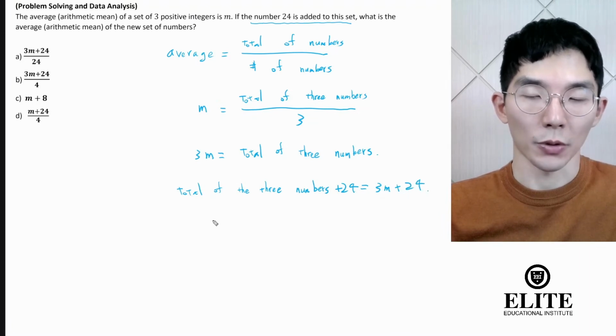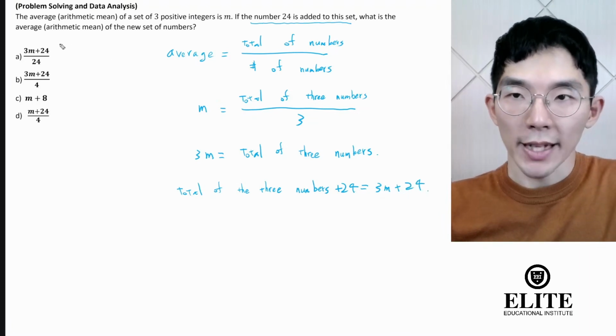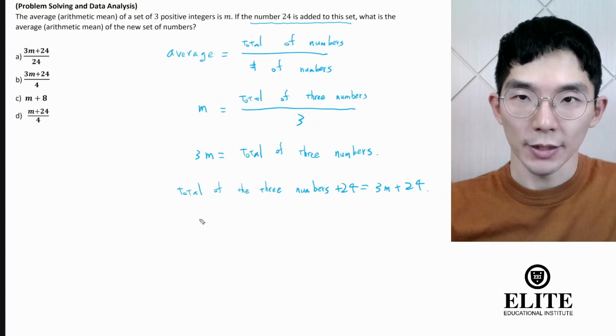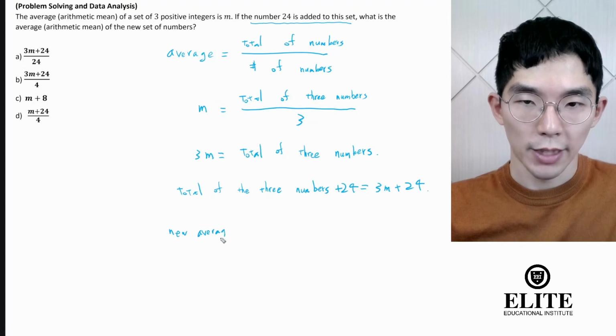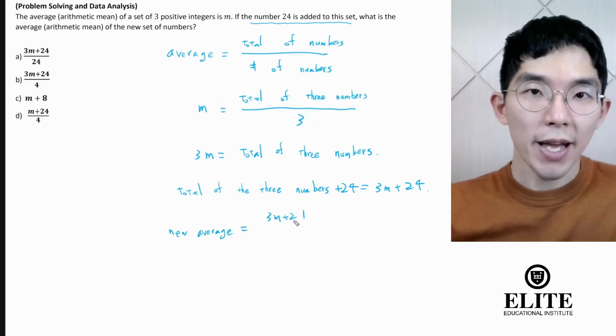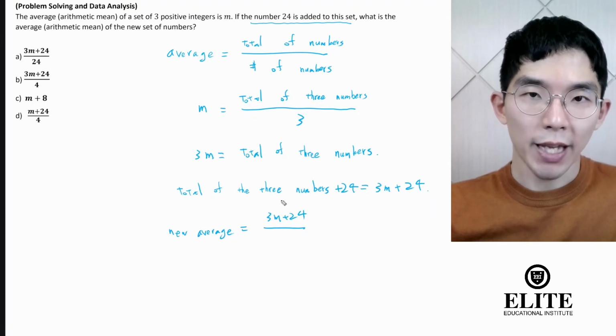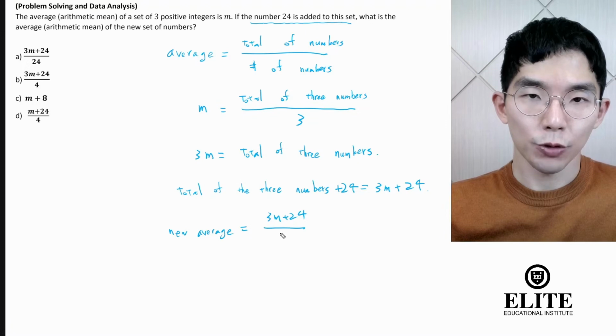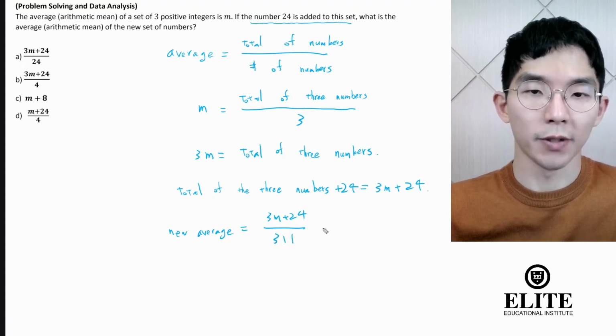Then they ask for the average of the new set of numbers. Therefore, my new average is going to be the new total, 3m plus 24, divided by the count. Now that we add 24 to it, that's 1 more number. We start with 3 numbers and add 1 number to it, which is 3 plus 1.